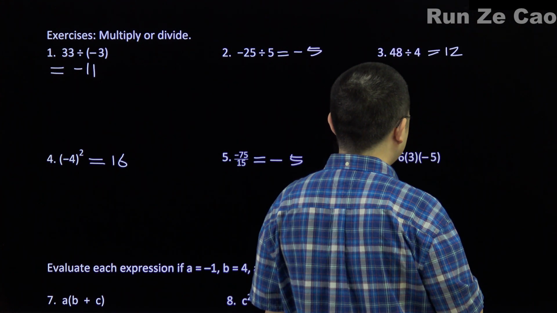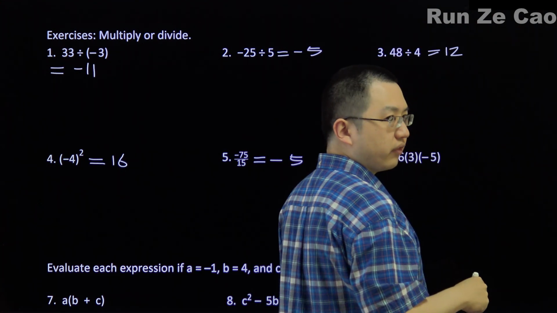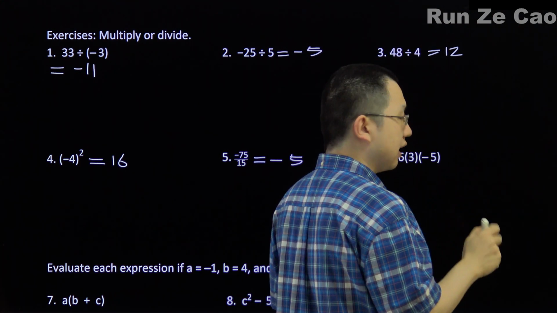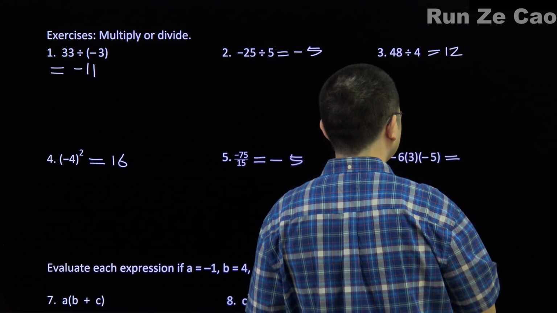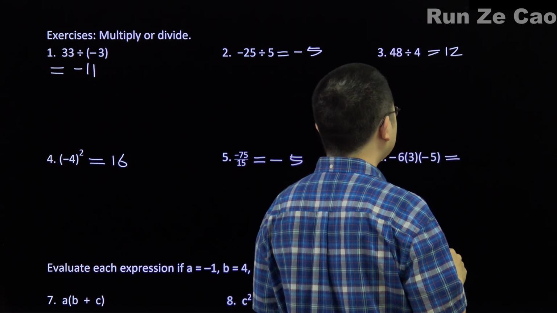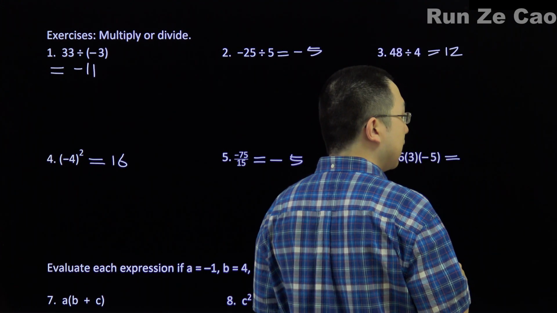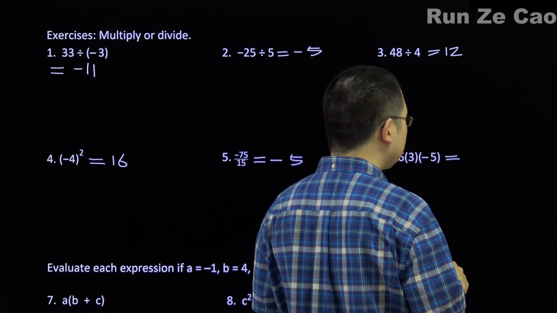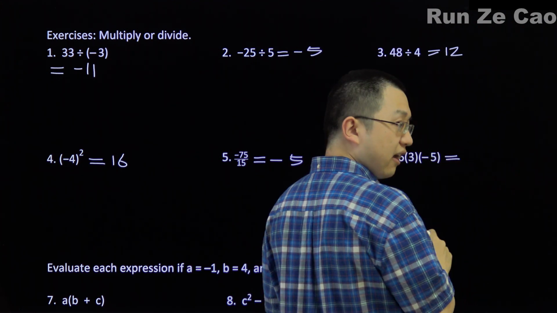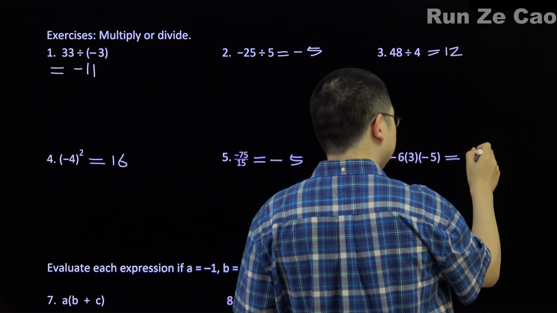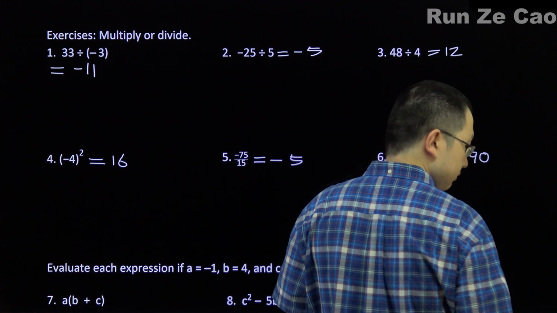Negative 6 times 3 times negative 5. Well, there are two negative signs. Therefore, they will cancel out, and you get 6 times 3 times 5. 6 times 3 is 18. And times 5, so 18 times 5 is going to be 90.